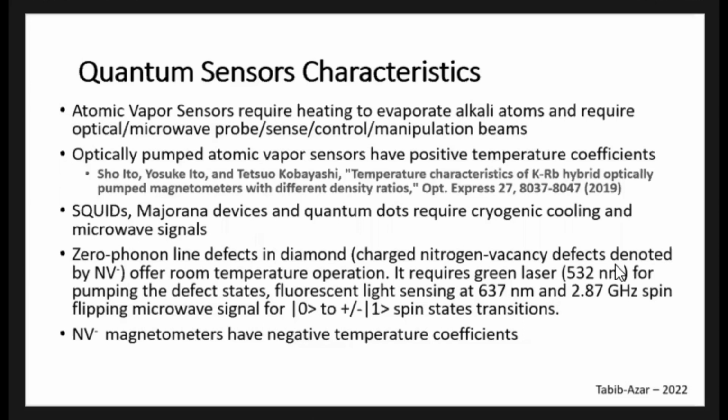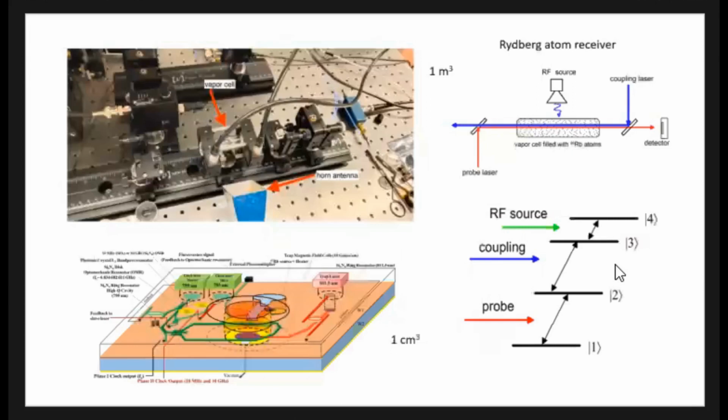And there is a new thing in there that I will go over, but I will concentrate on these special defects in diamond and look at how we can combine them with MEMS as well as surface acoustic wave devices.